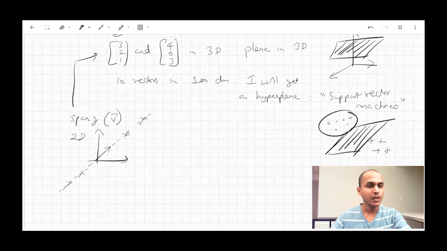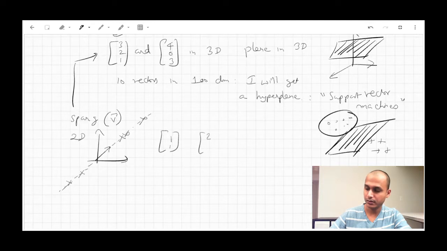Now, let's say there was another vector 1, 1, and there was a second vector 2, 2. Now 2, 2 belongs to the span of the first, right? 2, 2 just belongs as one of these points over here.